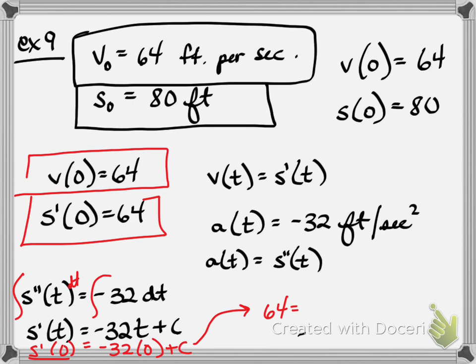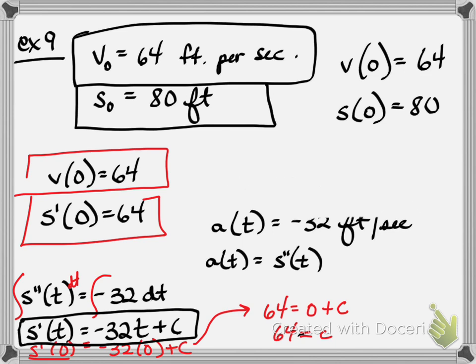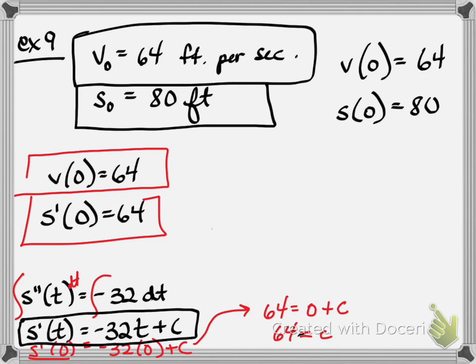Negative 32 times 0 is 0. That means c is 64. So you can go right here and change that c to 64. So now we're at this function, negative 32t plus 64.